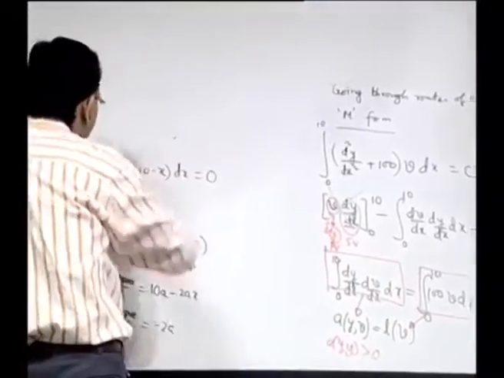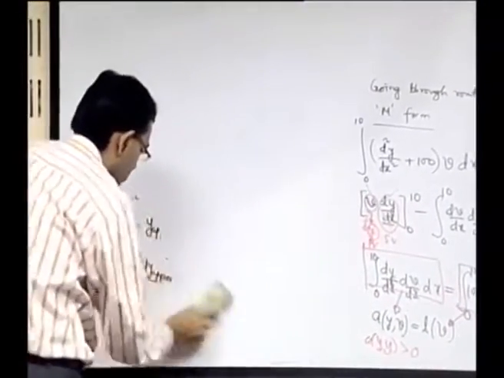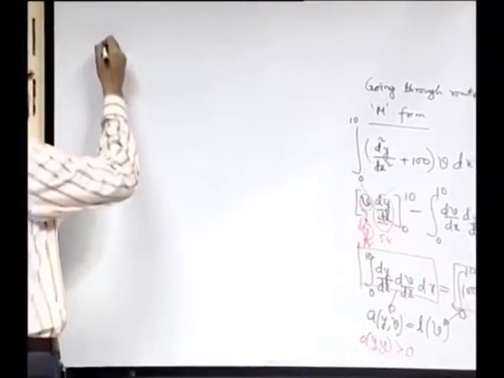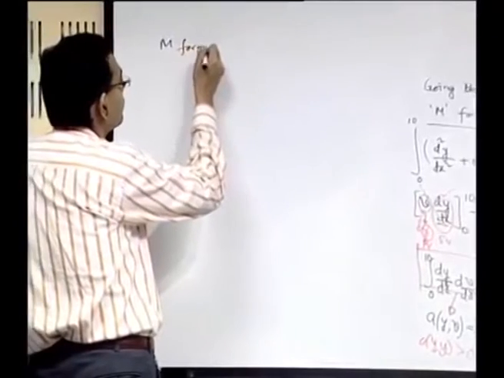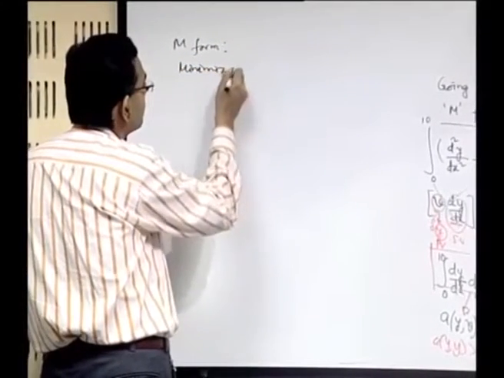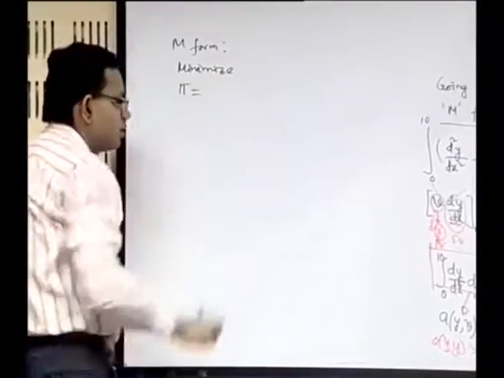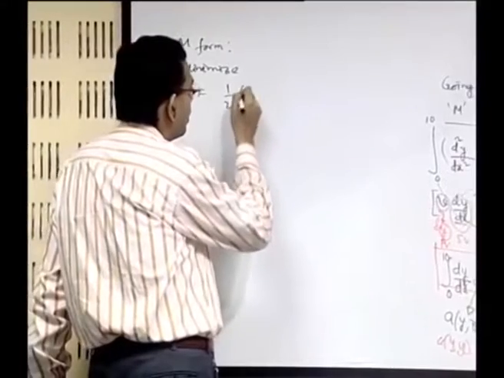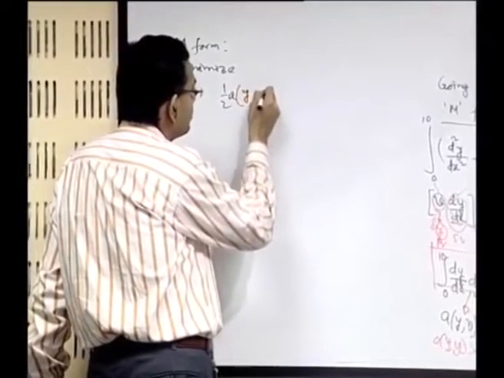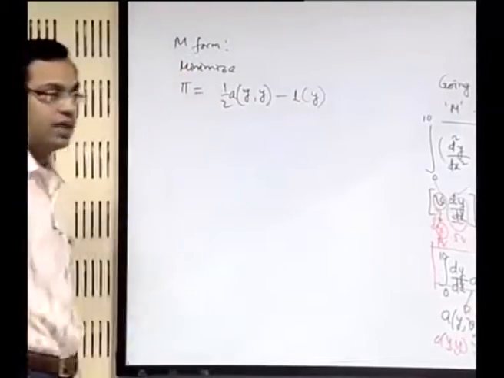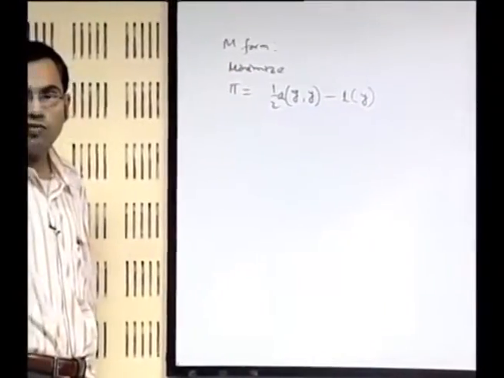So, what is the M form? Minimize pi equal to half a(y, y) minus L(y). We have derived it earlier in one of our previous lectures.